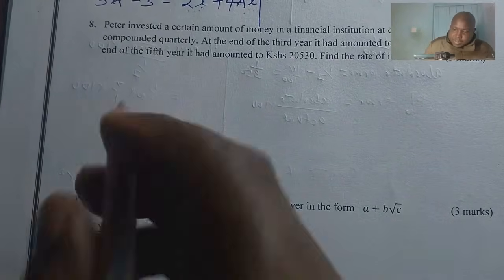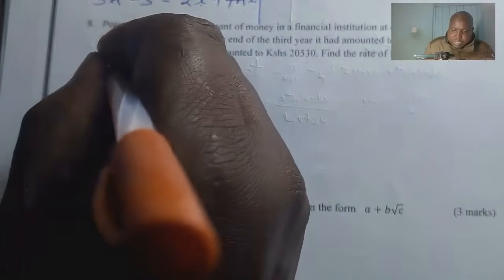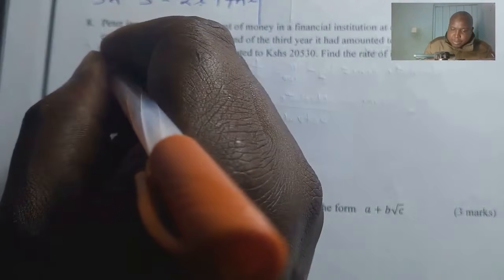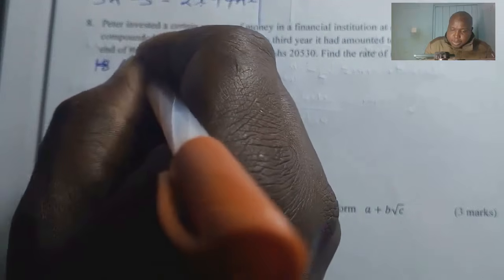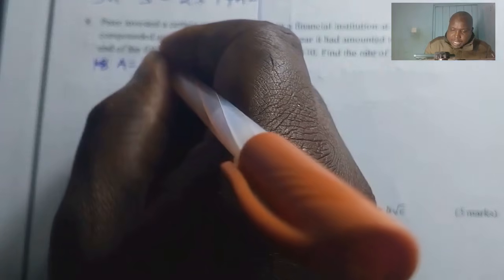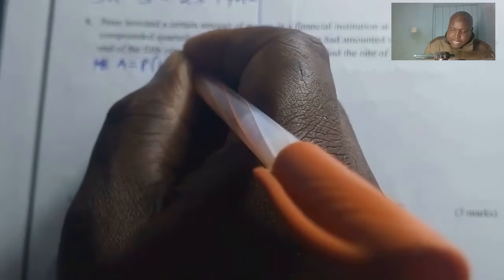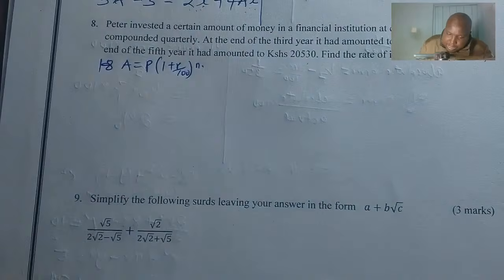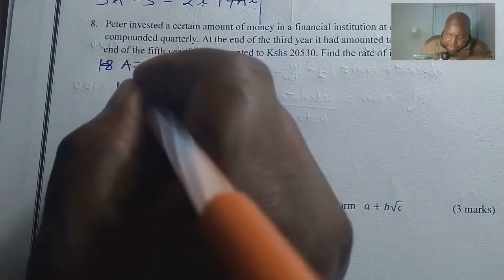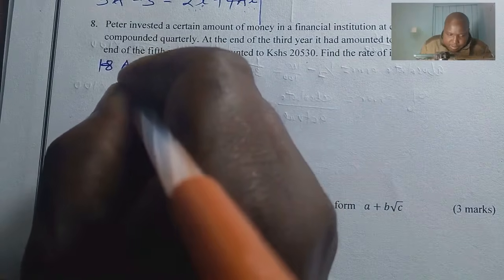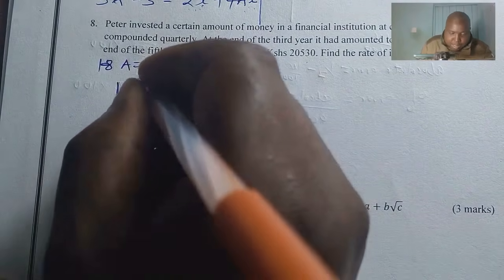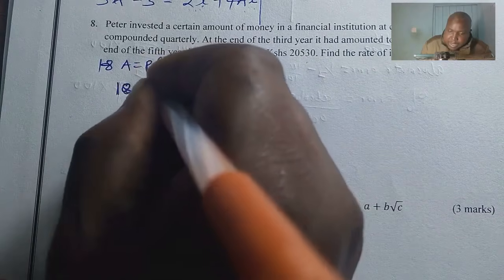So we start with the first one, that is the amount. Remember the formula, amount is equal to principal times (1 plus r over 100) raised to power n. That is the formula. The first amount is 18,980.